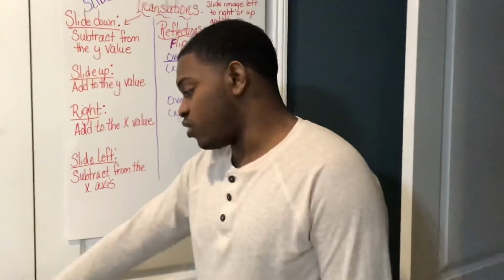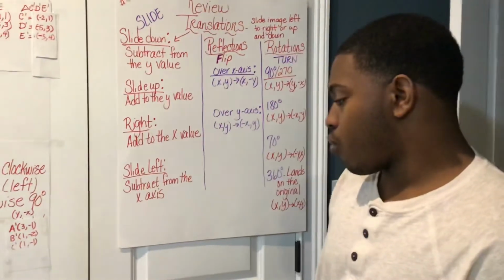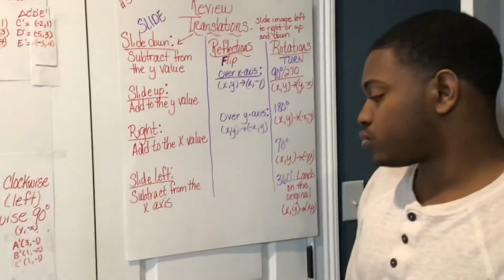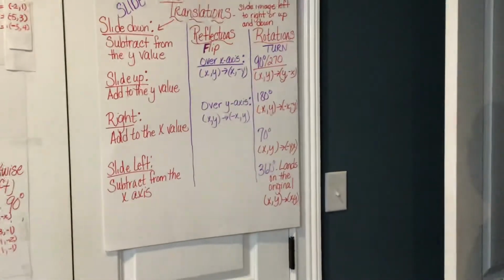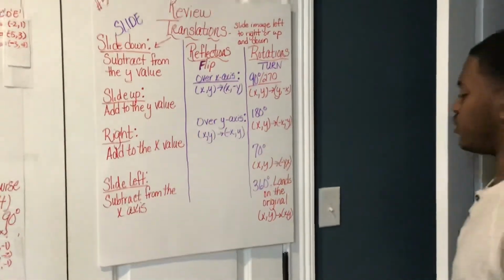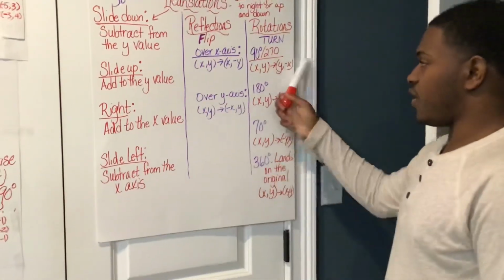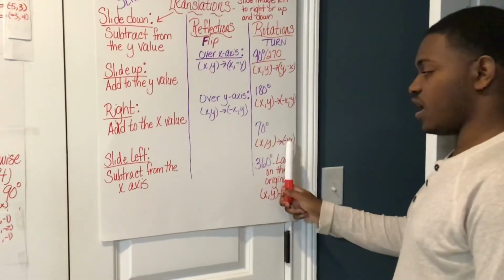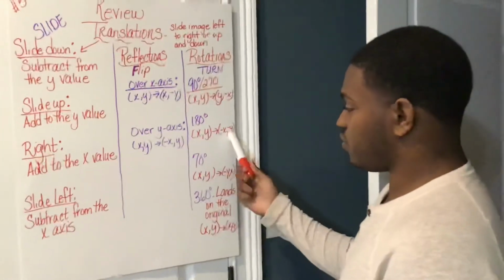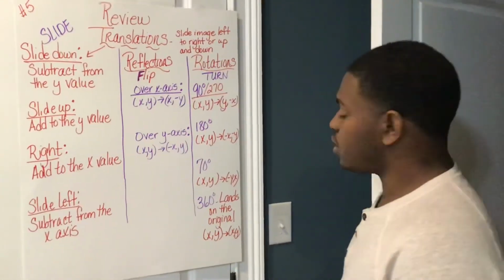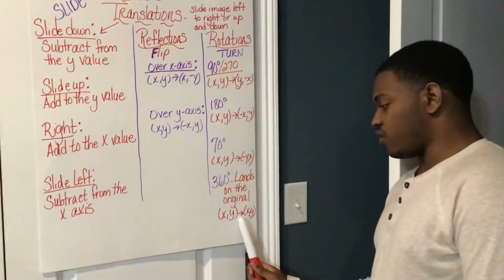Remember, 90 is negative x, 270 is negative y. And of course, 180-degree rotation is double negative. And of course, obviously 360 lands on the original, so xy converts to xy.